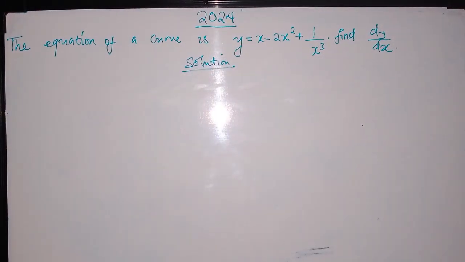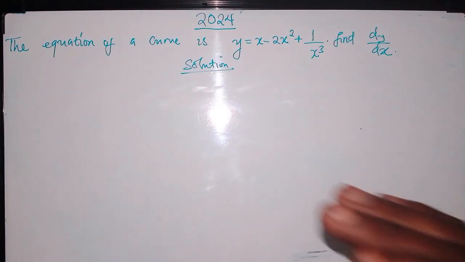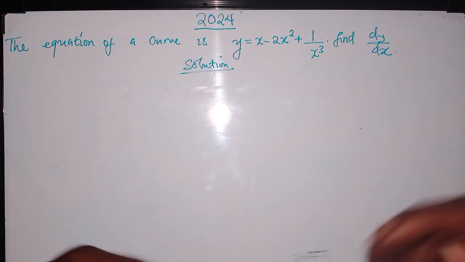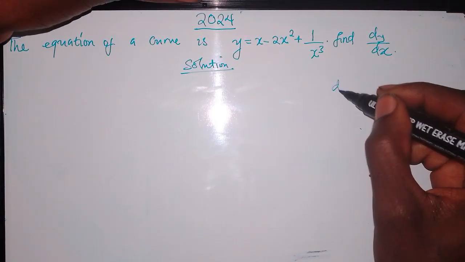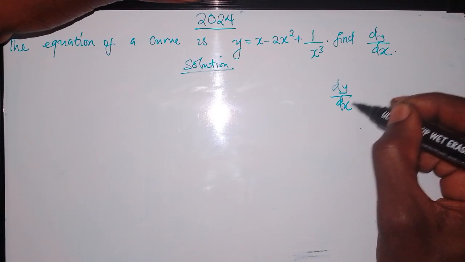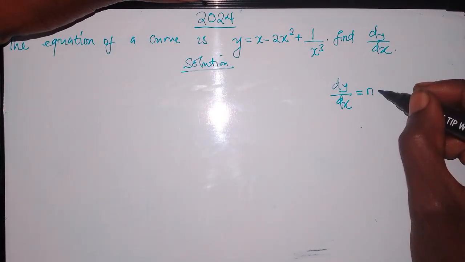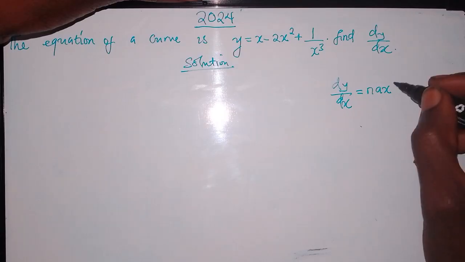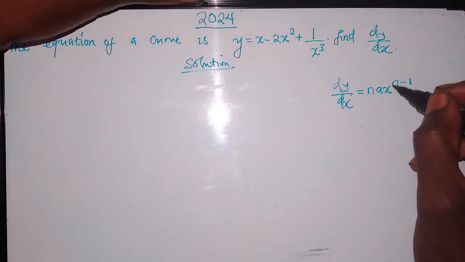First, you need to know the formula. So we have basically two formulas. One is for integration, the one I showed you in the previous video. Then the second is for differentiation. This one I'm going to show you. The formula for dy dx is equal to n a x to the power n minus 1.